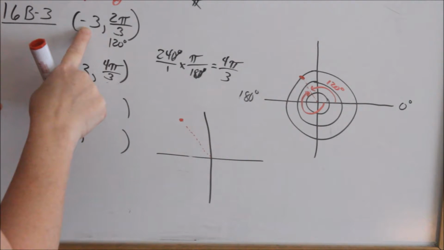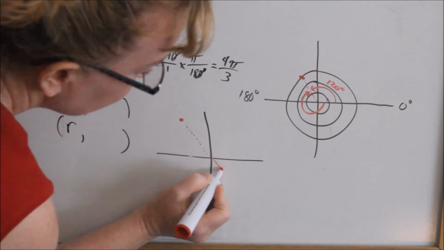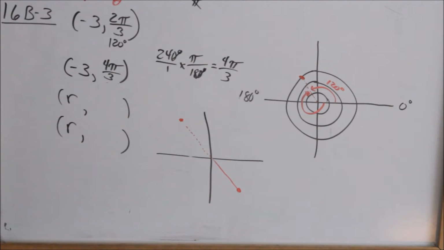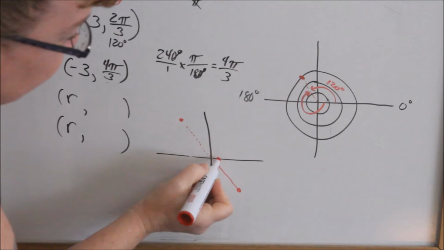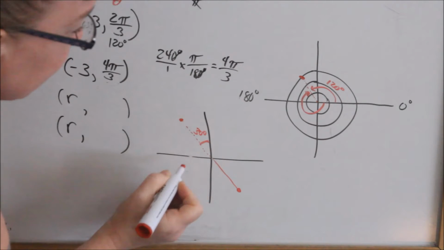When you want to go in the opposite direction on a graph, you go the exact opposite direction, 180 degrees. So I want that line right there. This was 120, which meant that was 30 degrees.